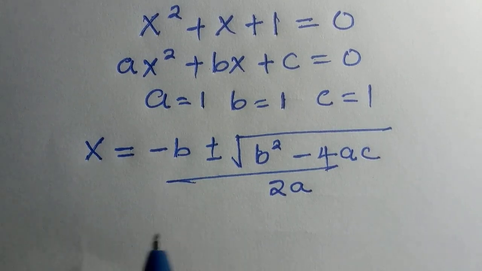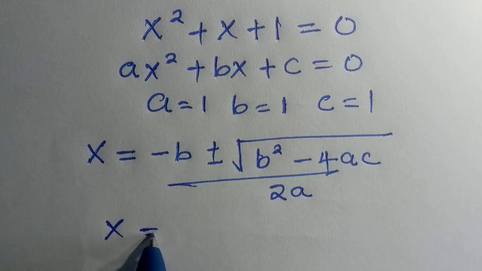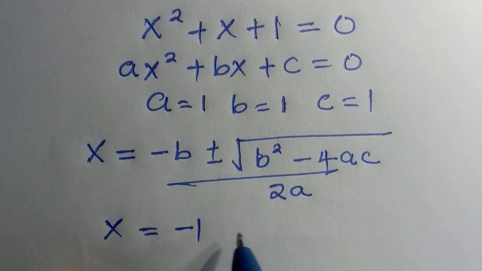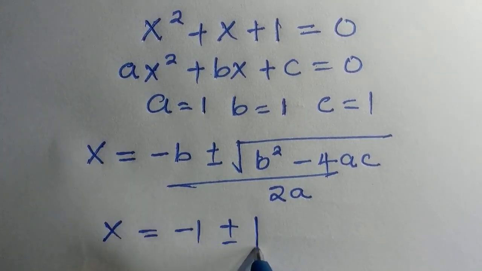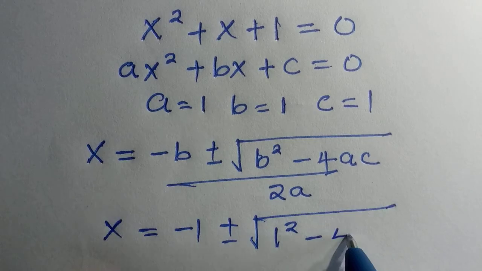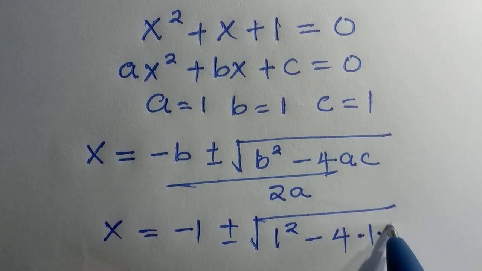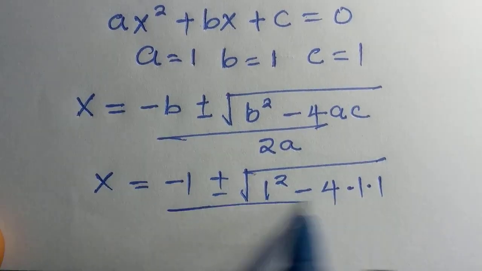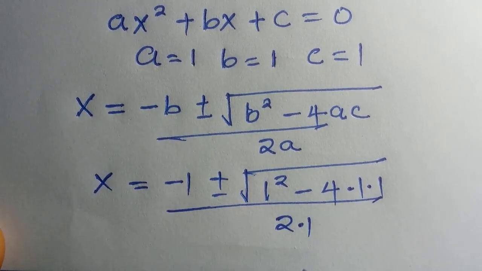When we plug in, we have x equals minus 1 plus or minus the square root of 1 squared minus 4 multiplied by 1 multiplied by 1, divided by 2 multiplied by 1.